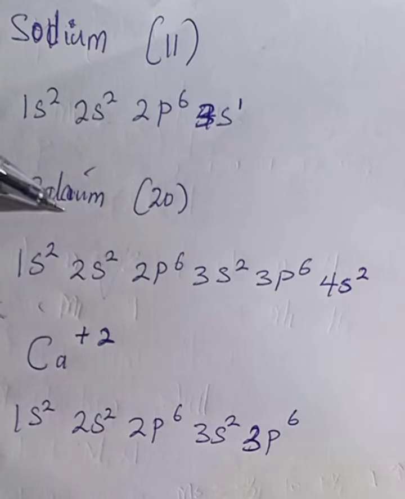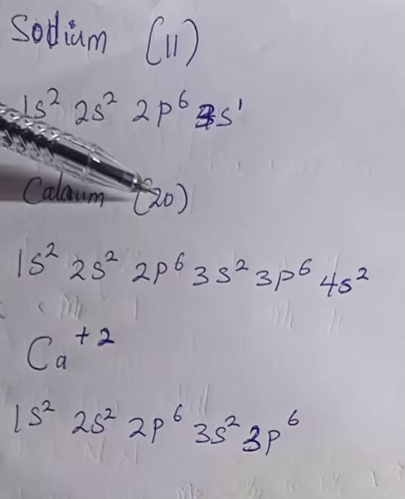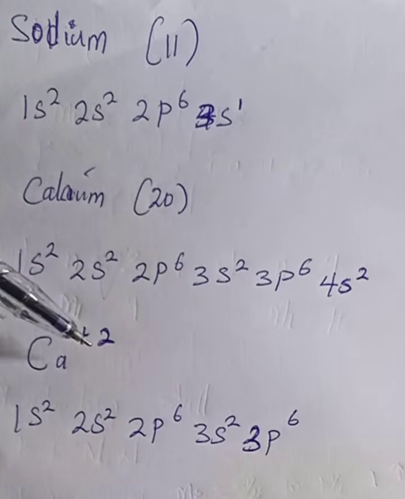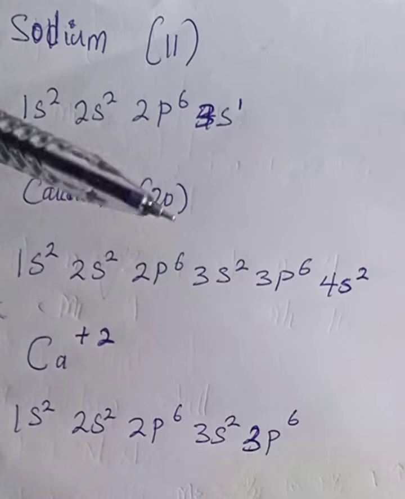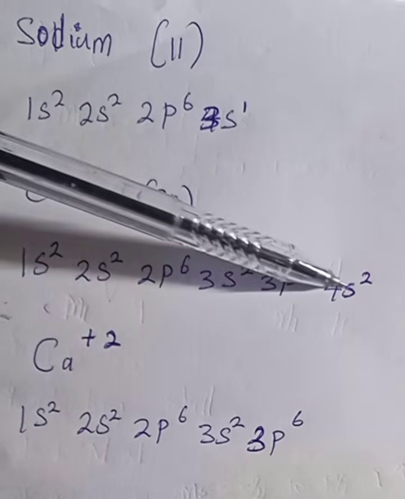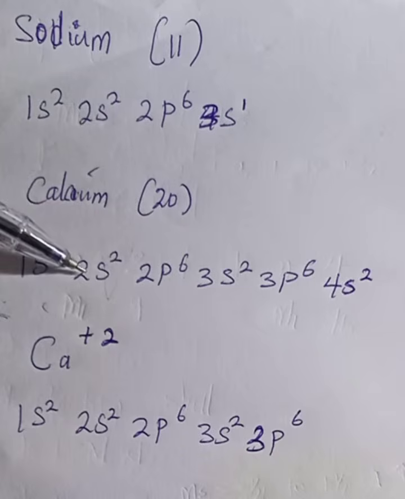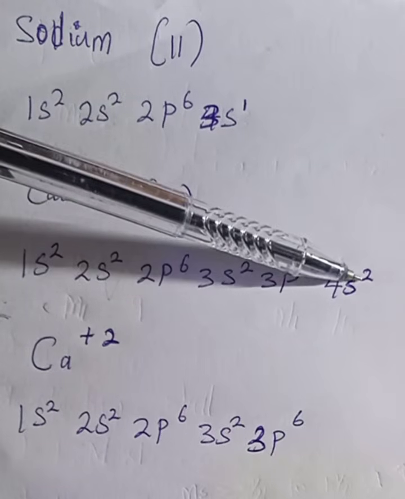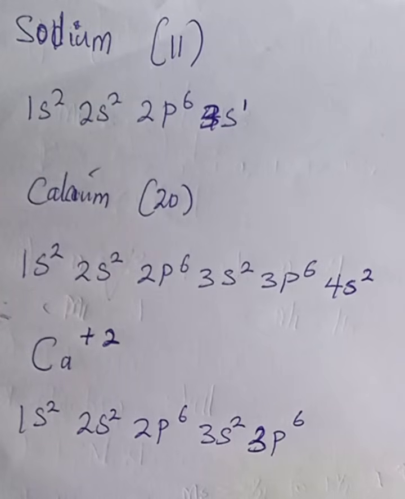So if this calcium that has 20 electrons gave out 2, then we have 18 left. You just distribute those 18 accordingly. So remove 2 from the neutral calcium, and we're going to end at 3p6.